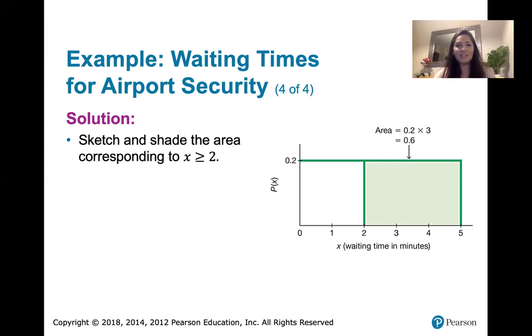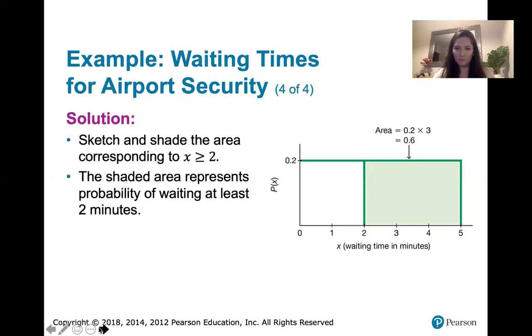So you graph that, and then you graph the region under the curve where x is greater than or equal to 2, because that means that you have waited 2 minutes or more than 2 minutes up to 5 minutes, because everybody waits some time between 0 and 5 minutes according to that initial assumption in our problem statement.